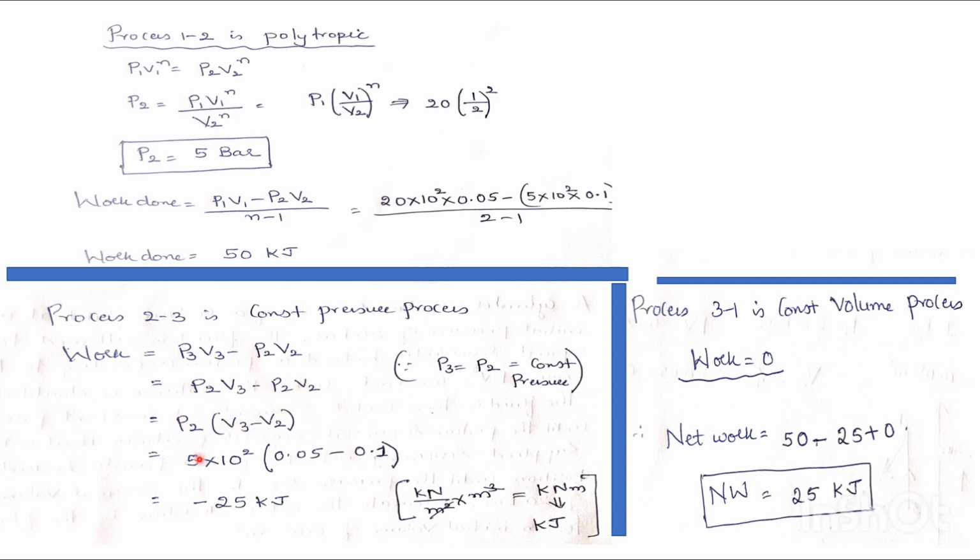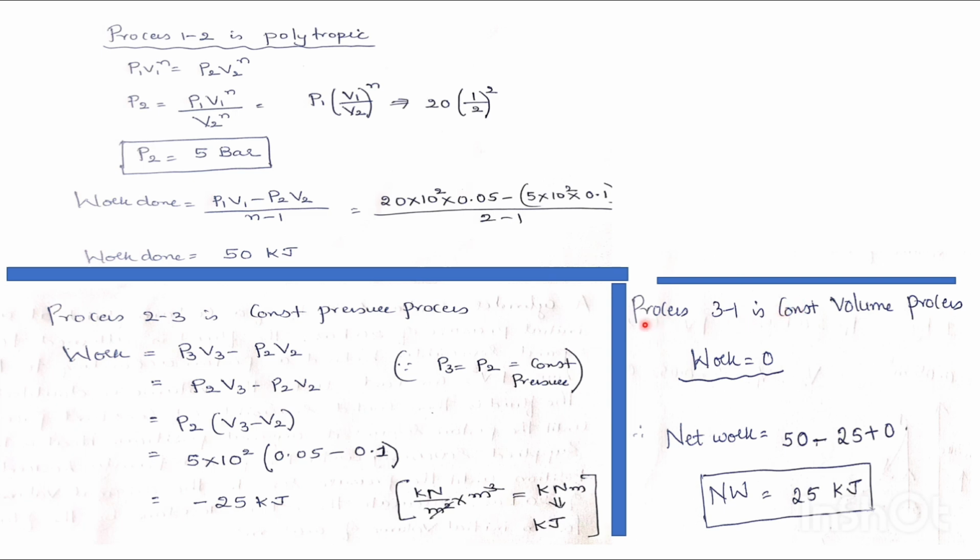The pressure at point 2 is 5 bar, converted to kN/m², so 5 × 10² × (V3 − V2). The volume at state 1 and state 3 are the same because it is a constant volume process. So V3 is nothing but V1, 0.05 − 0.1. So the work done during the constant pressure process is −25 kJ.